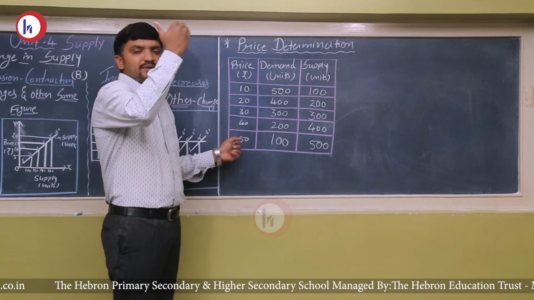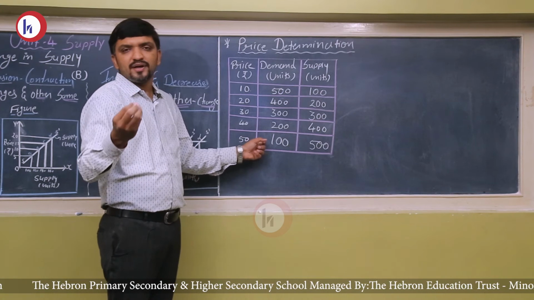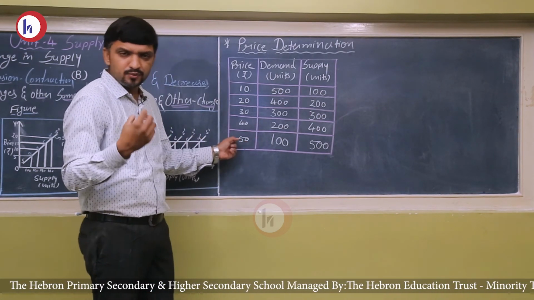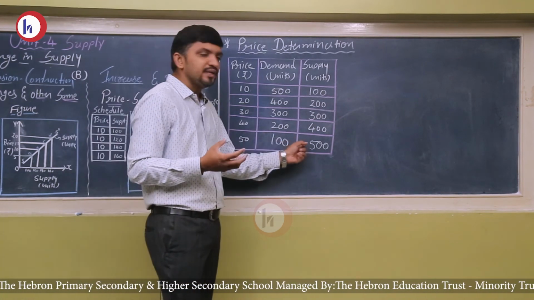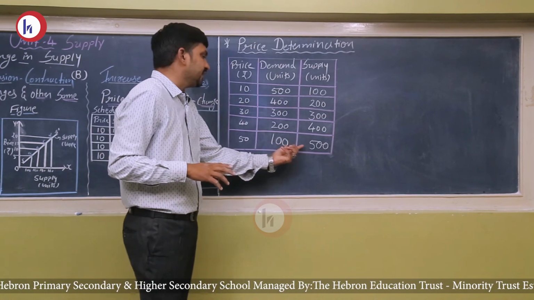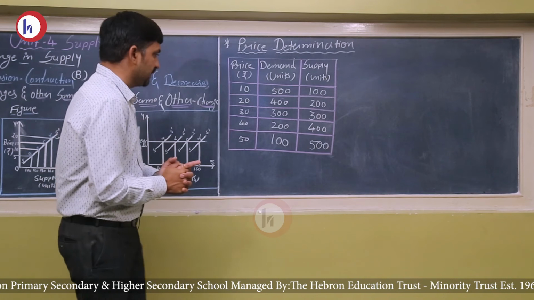Now, when the price is kept at 50, there is very low demand, that is 100 units. And as the producer is getting a good price, he is willing and able to supply 500 units. Again, demand and supply do not match.